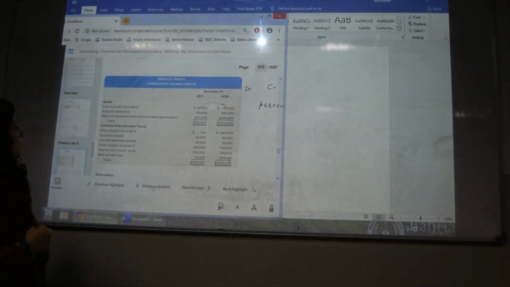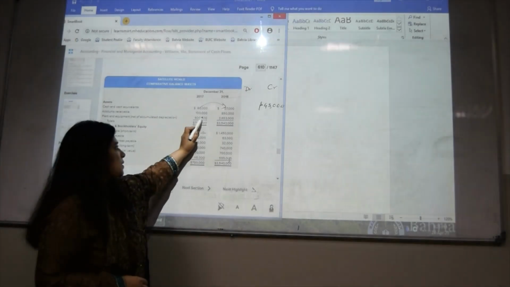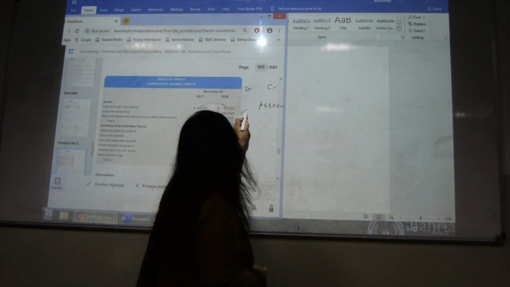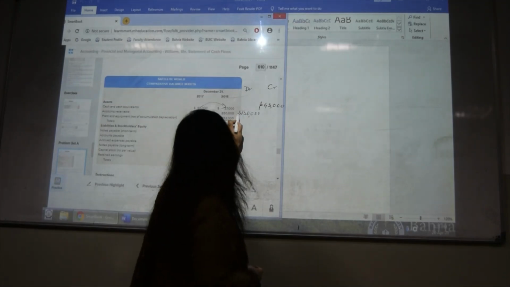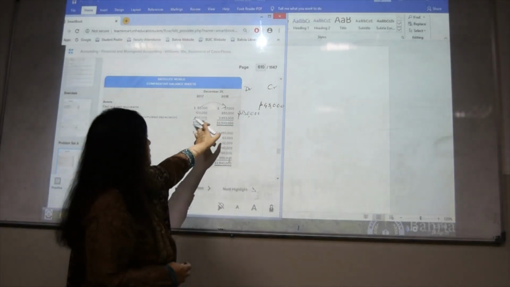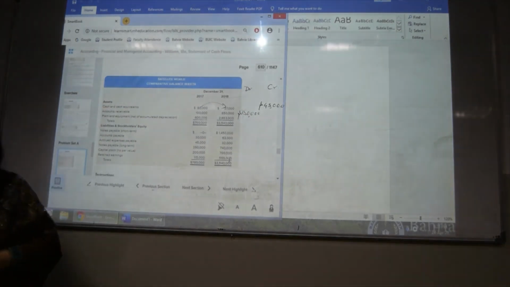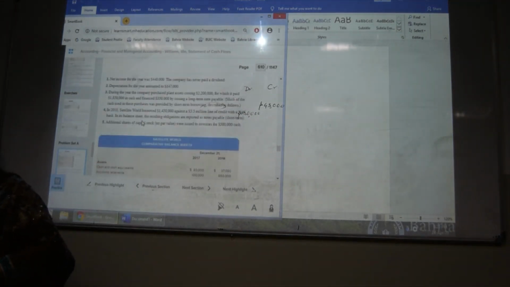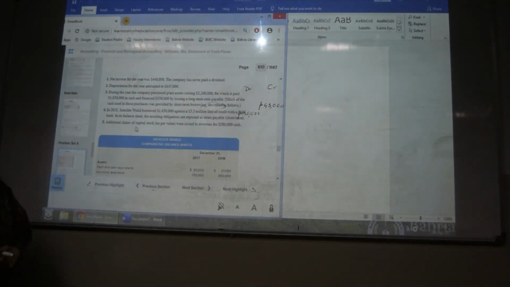Now accounts receivable is 750,000. You can see this is an increase, so I'm going to be debiting 750,000 here. Then, I'm going towards the adjusting entries because of plant and equipment.